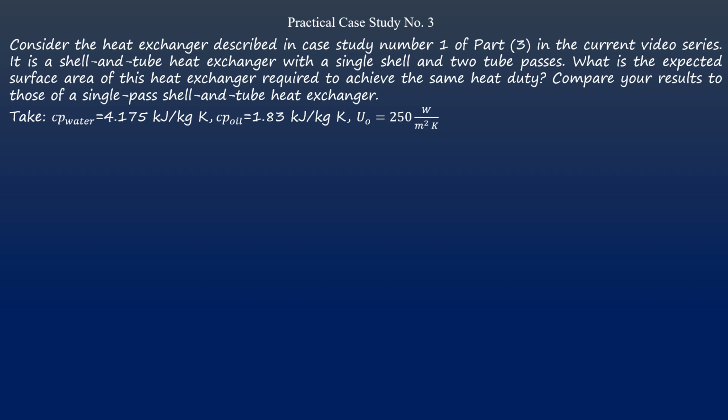shell and tube exchanger. We have been stated that the heat capacity of water is 4.175 kilojoule per kilogram Kelvin, and the specific heat of oil is equal to 1.83 kilojoule per kilogram Kelvin, and the overall heat transfer coefficient for the heat exchanger is 250 watt per meter square Kelvin.